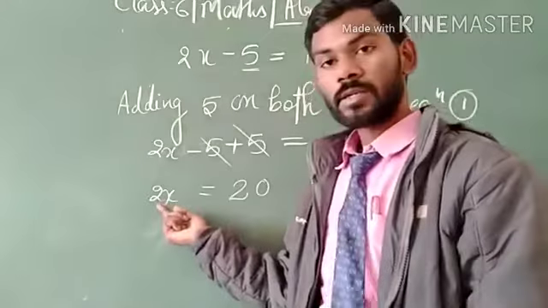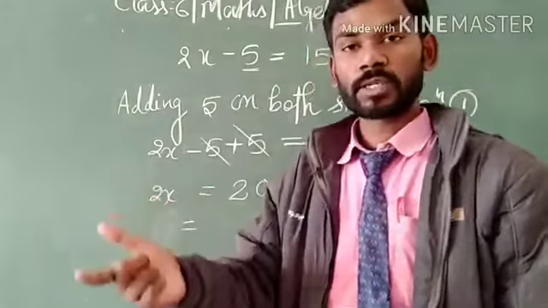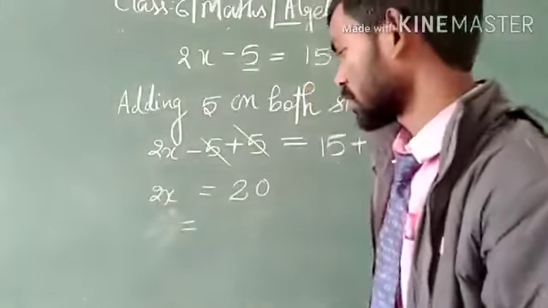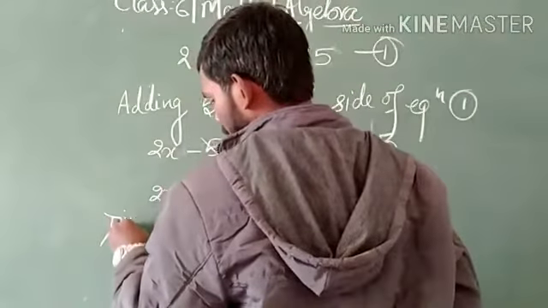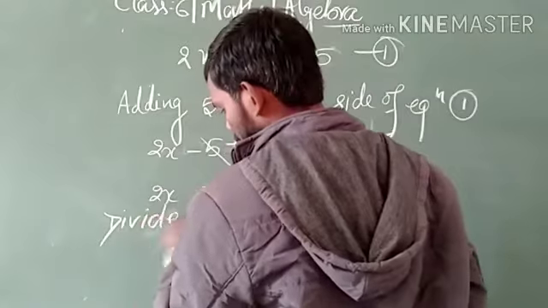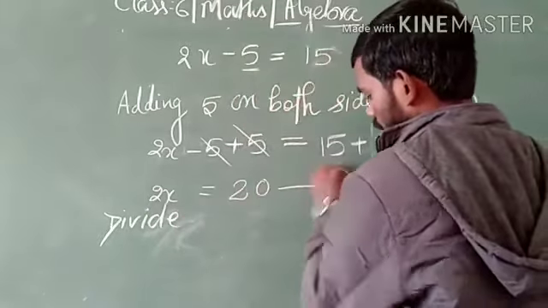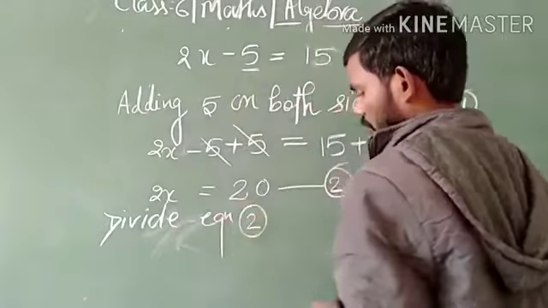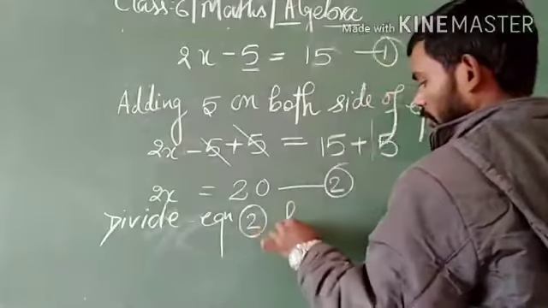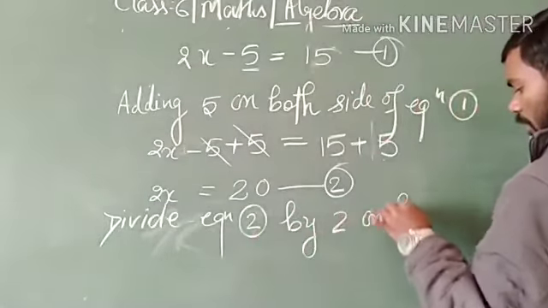Since here is multiplication, therefore we follow the opposite of multiplication and here we write divide equation 2 by 2 on both sides.